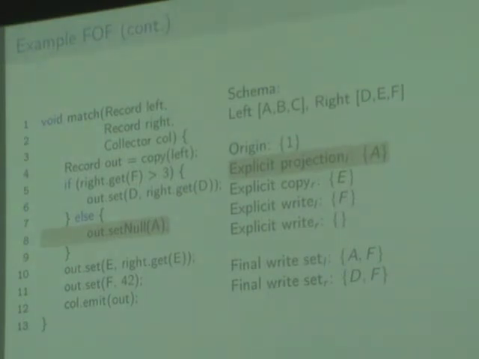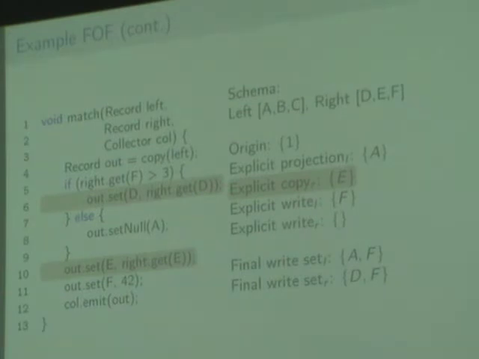Then we have the copy set, which tells us which attributes are explicitly copied from the input tuples to the output tuples or records. As we see here, we have E in the copy set because E is called in any case. So we call set attribute E by getting attribute E from the right input.